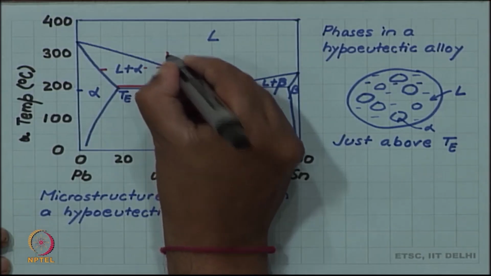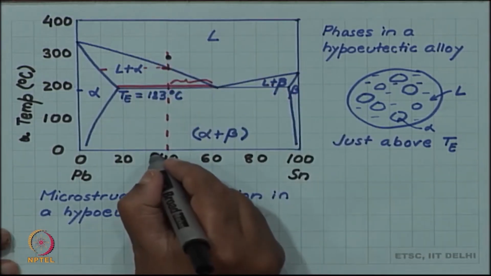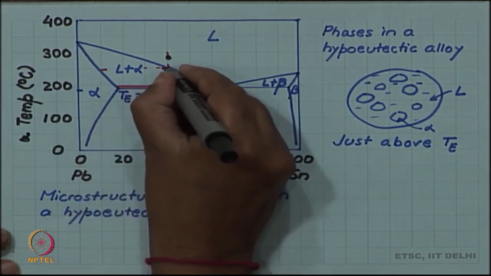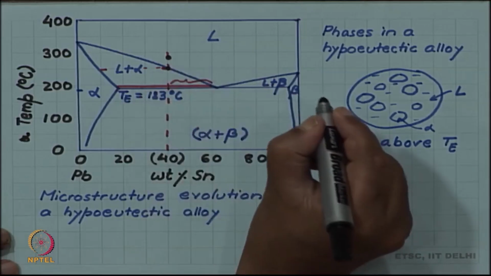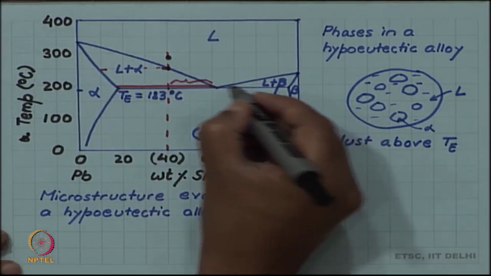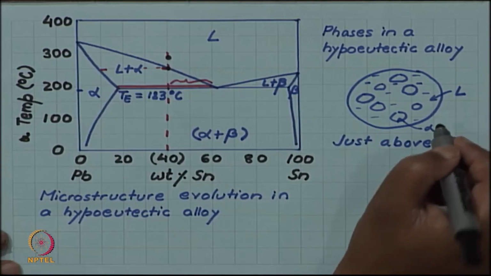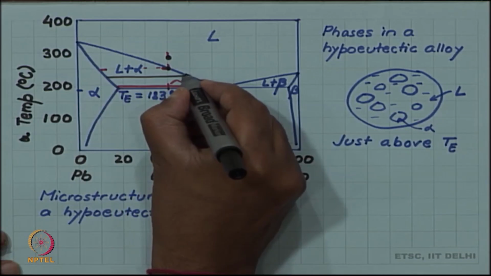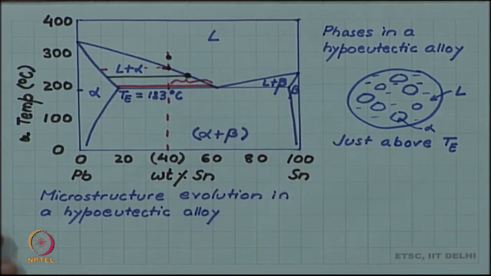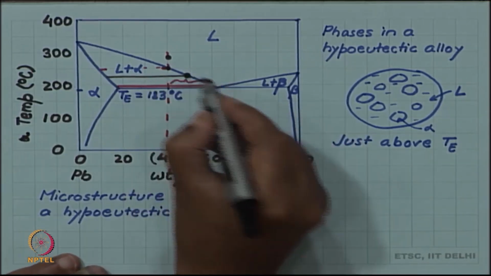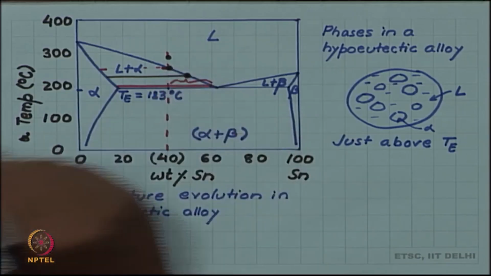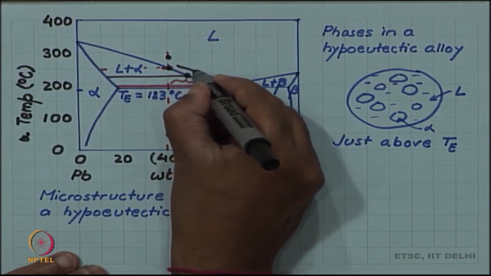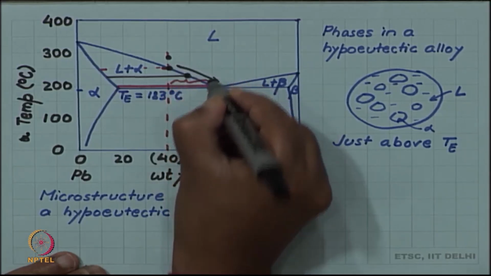Initial liquid was of the same composition as our alloy composition, which was 40, but when you hit the liquidus and cooled further, the equilibrium composition of the liquid is given by the tie line, and it started evolving as the liquid end of the tie line gives you the liquid composition. So, initially it was 40, but then it started increasing and it started following this liquidus line.